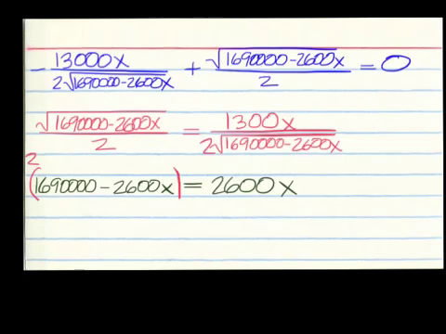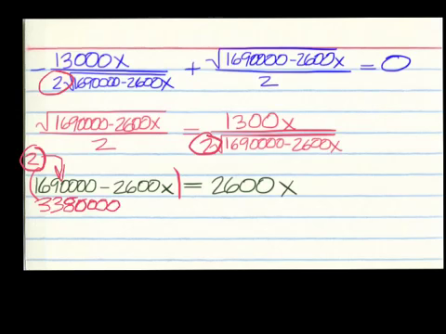So if we multiply through by 2, what do we end up with, 2 times this item there? Should be 3, 3, 8, and then 4 zeros. And then when we multiply by 2 here, we end up with minus 5200x. And then we'll have equals 2600x.